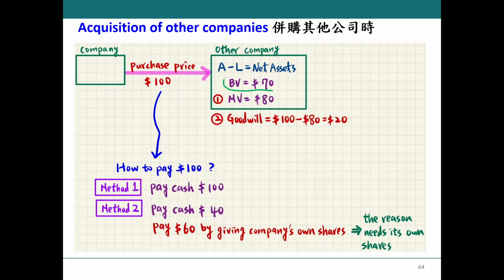And market value $80? It means based on this company's assets and liabilities, the market gives the value of $80. So market value means the value on the market, $80.